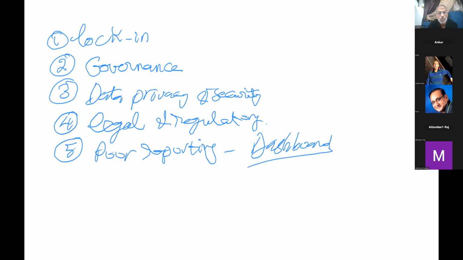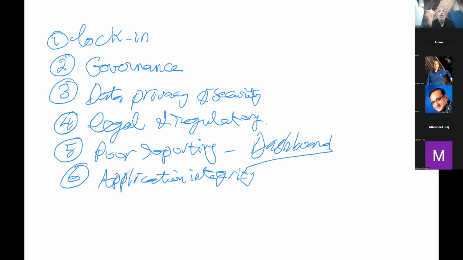There is another point also, which can be a major risk: the application's integrity. What do we mean? In some situations, gentlemen, for example, you have a program which is the EMC service desk.